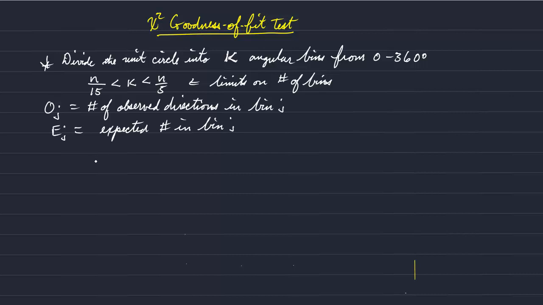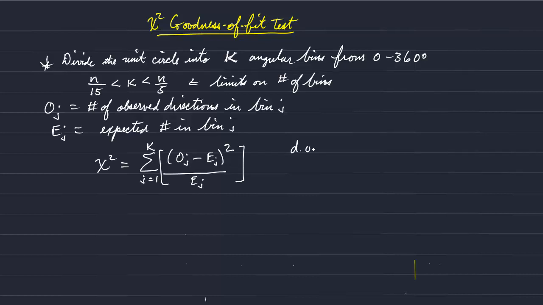So the chi-squared is equal to the sum over all the bins of the observed number of directions in bin J minus the expected, and that difference is squared and summed, and the ratio is taken with the expected number, to give chi-squared.